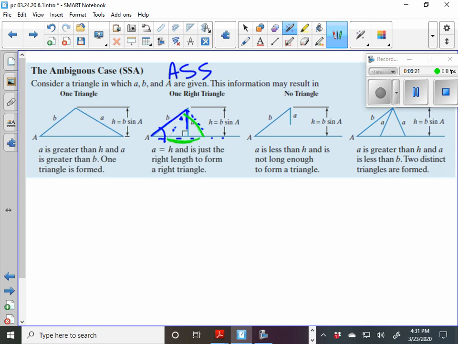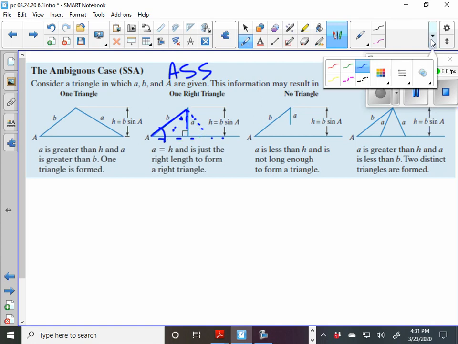Those two triangles, I'm going to draw them out real quick, are simply, you're going to have a triangle that's like this, or you're going to have a triangle that's like this. And notice that in those triangles, the angle and side that's given haven't changed. They are still the same, so you really have two solutions that you're going to have to find.